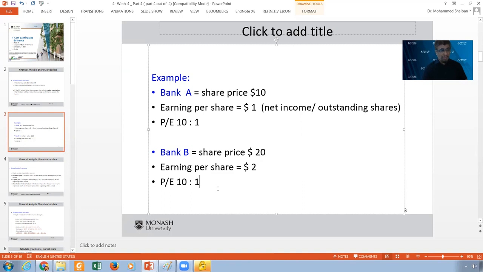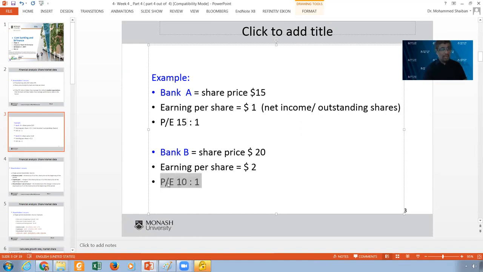If suddenly in the second year, Bank A is still earning 1, and Bank B is still earning 2 for the price of 20, but Bank A's price suddenly goes to 15, now the PE is becoming 15 to 1 in the second year, while the other is still 10 to 1.